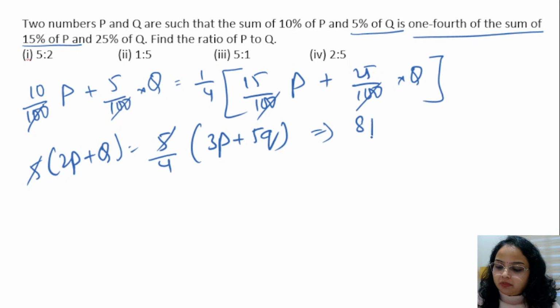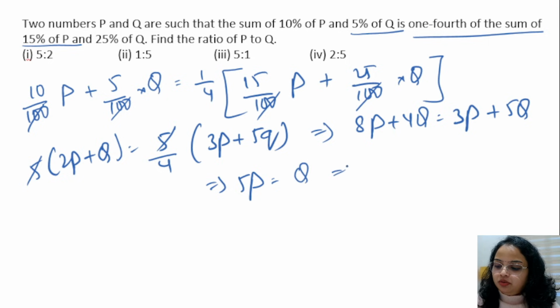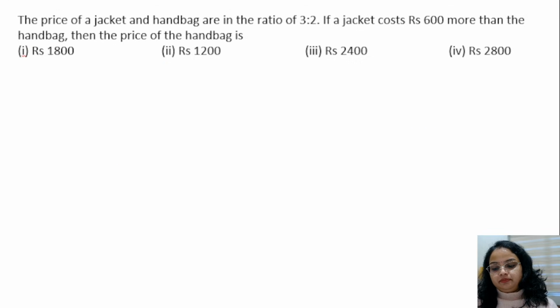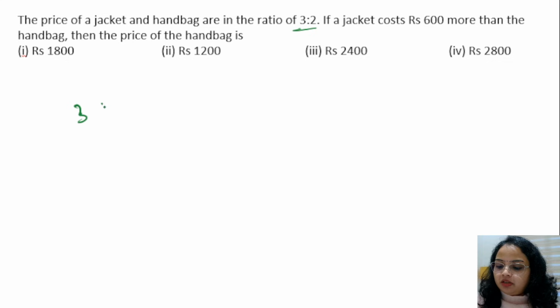If you cross multiply, 8P plus 4Q is equal to 3P plus 5Q. Here we'll get 5P is equal to Q. So P by Q is equal to 1:5. Second option.